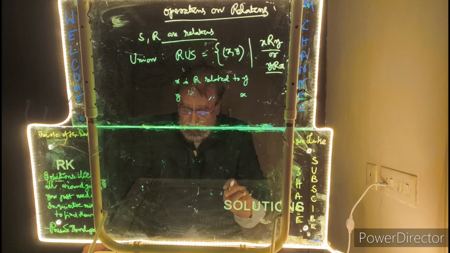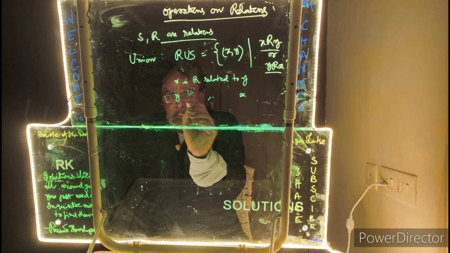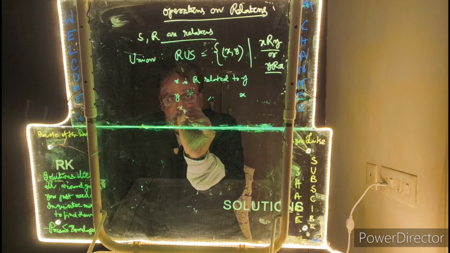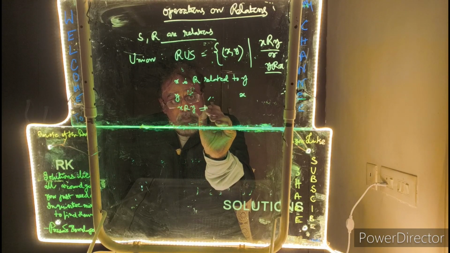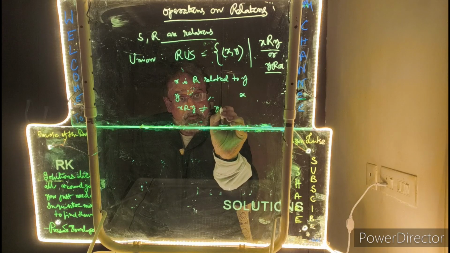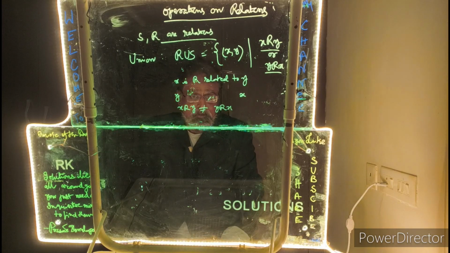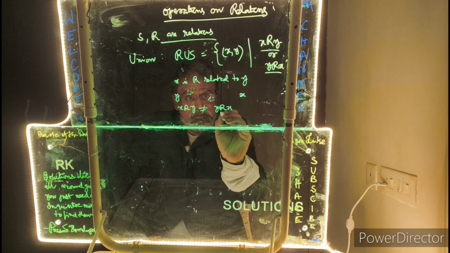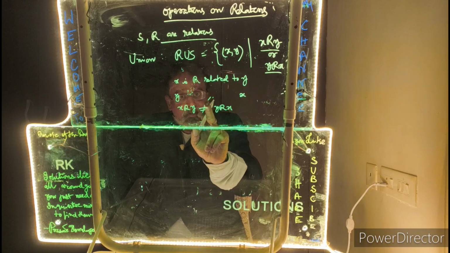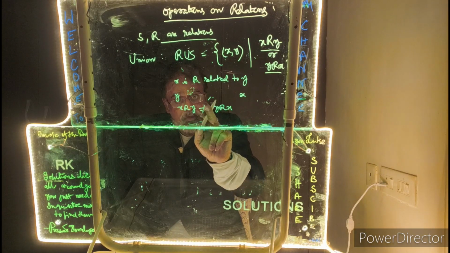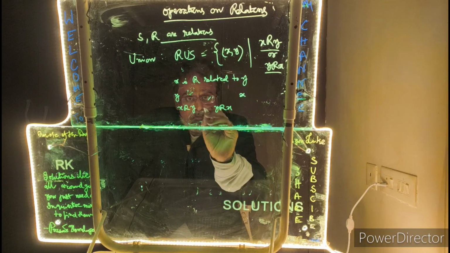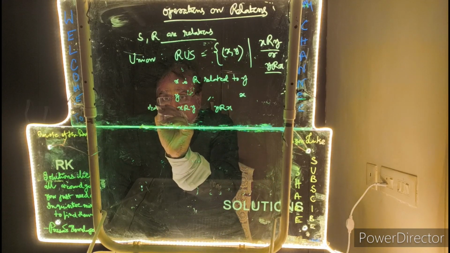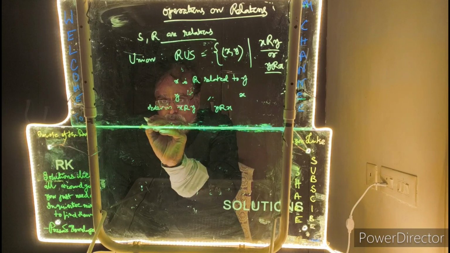Mind you, the relation of x related to y may or may not be equal to y related to x. If it is reflexive, then they will be equal. But otherwise, they may not be equal. We cannot say they are not equal, but they need not be equal. So the order is important.